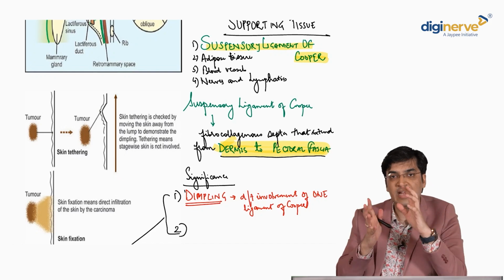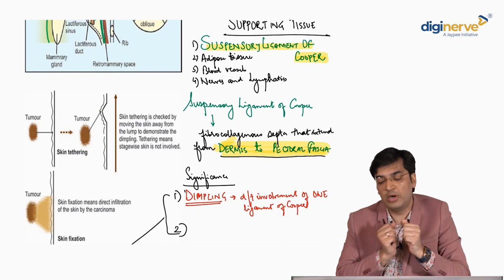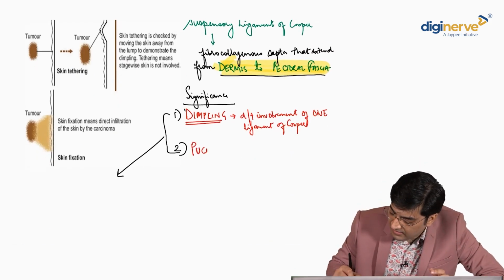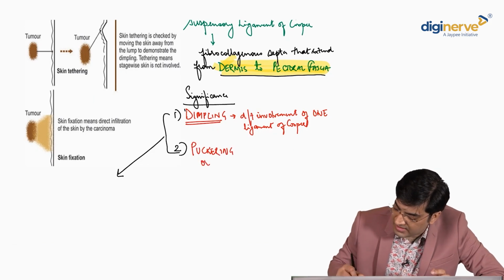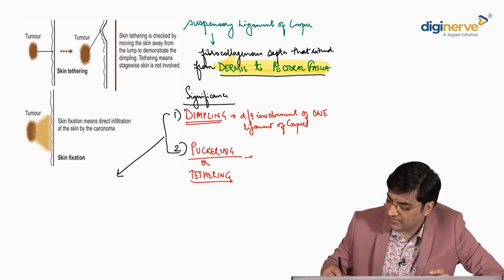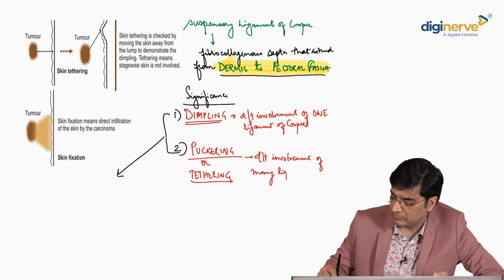But if many ligaments get involved, an entire portion of the skin can be pulled in, and that is what we call puckering or tethering. This is due to involvement of many ligaments of Cooper, not just one ligament of Cooper.